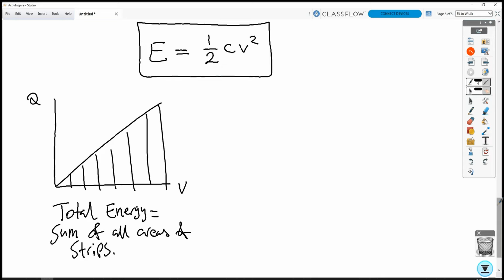Now, we can take our capacitance equation and substitute it again into the energy equation, and we'll get 3 equations out of it. I gave you one before, but we're going to create that one now. We know that CV is equal to Q. Here we've got CV squared. So if I take one of the V's and C and substitute for Q, we get E equals a half QV. This is the one we've already had.